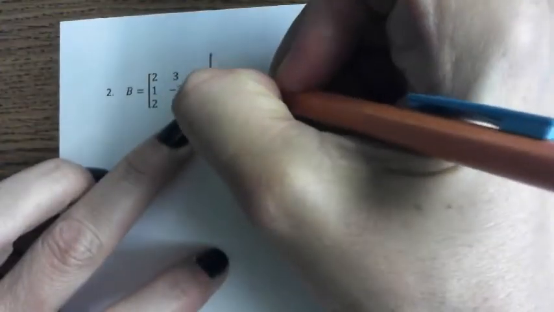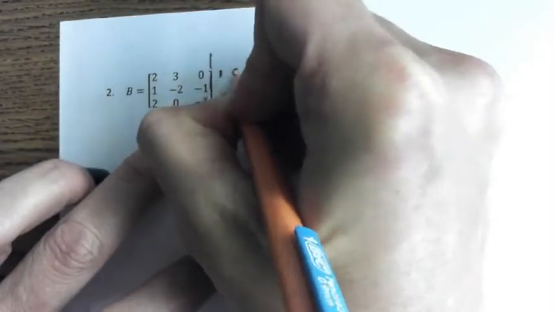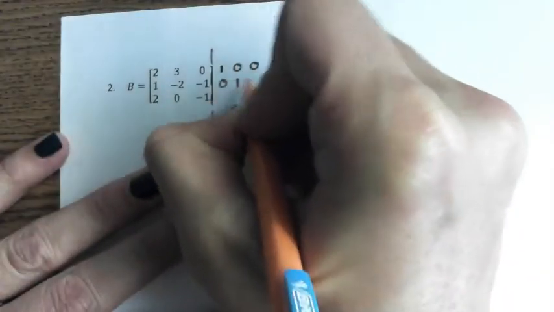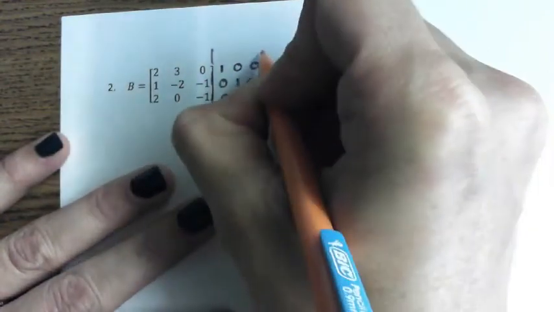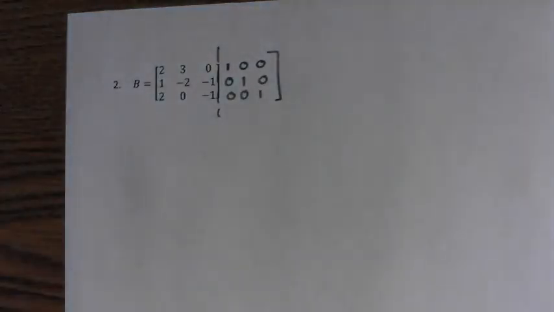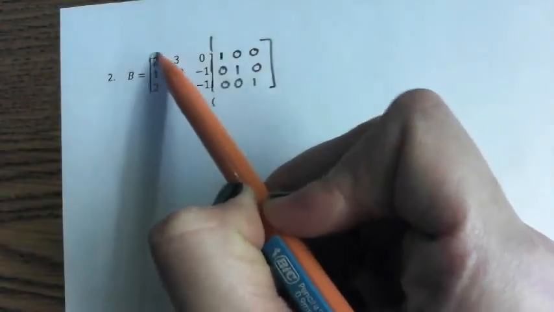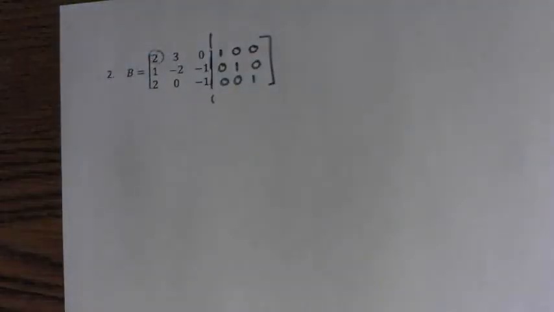So I'm going to first get the identity matrix next to this, which for a 3 by 3 is obviously slightly different. You just have 1s across your diagonal though, so in that respect, it's the same. First goal, top left corner: get that to be a 1. Now, I could just divide everything by 2.